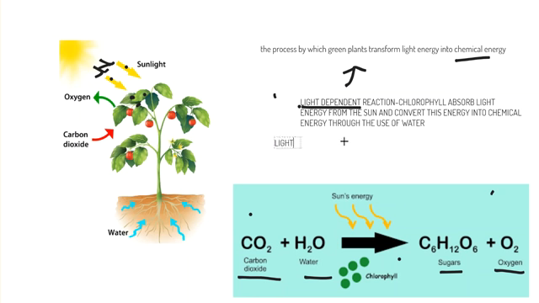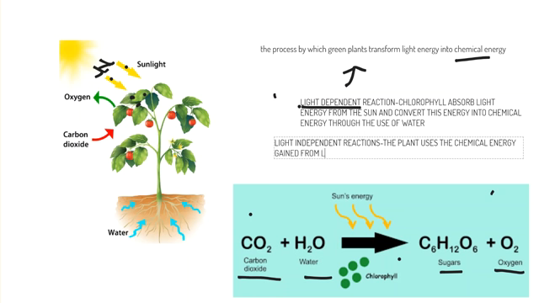Meanwhile, light independent reactions obviously don't need light, and happen after these light dependent reactions. In light independent reactions, the plant uses the chemical energy gained from the light-dependent reaction.